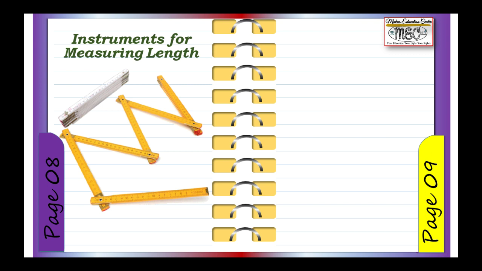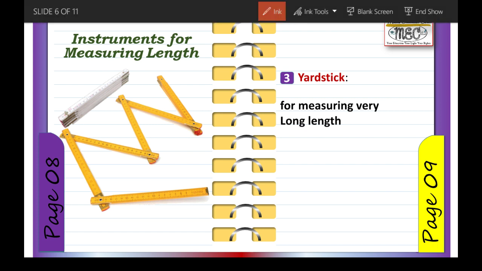This yardstick is normally a flat wooden board which has markings at regular intervals or regular distances, and it is used for measuring. Here it is used not to measure long but to measure small length.